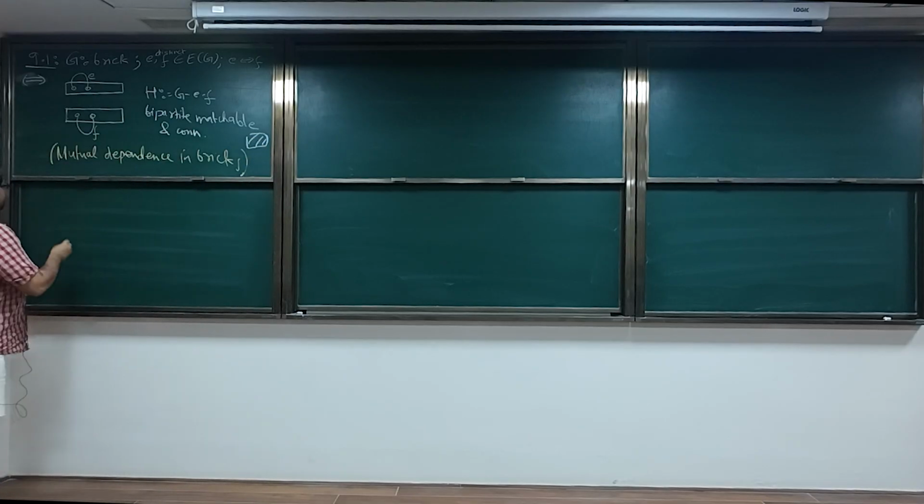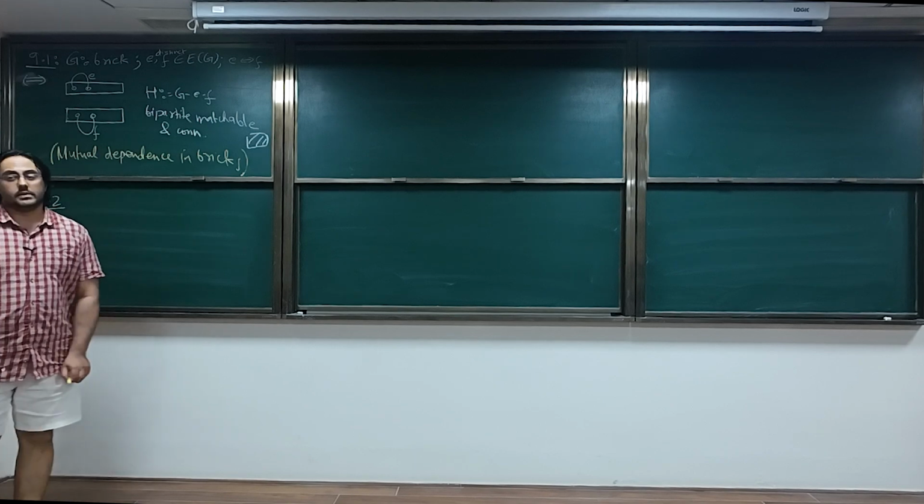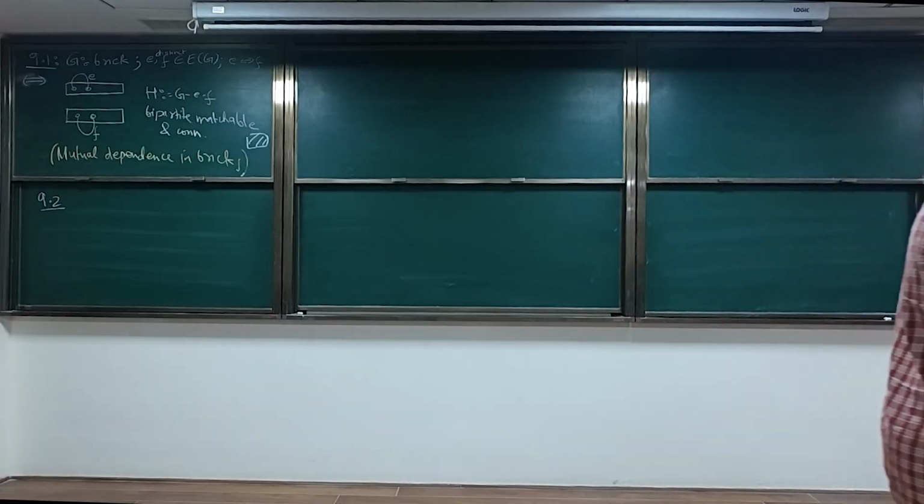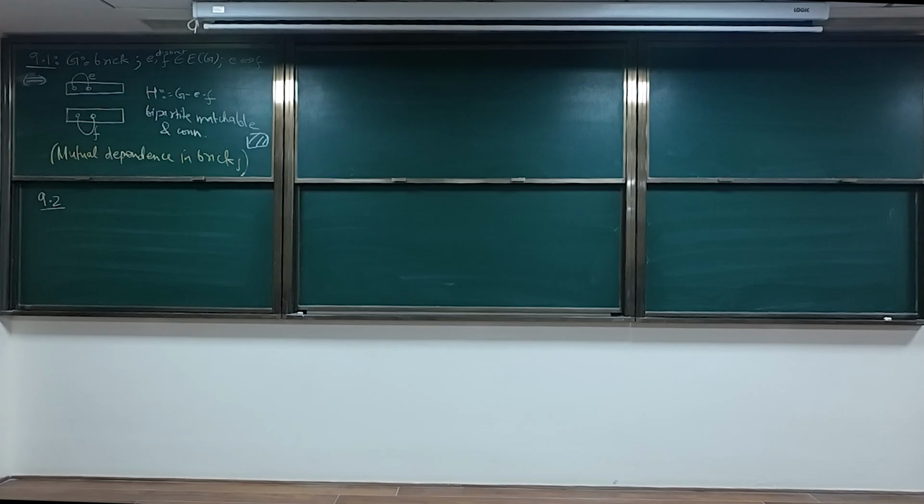A consequence of this that we discussed is that in a brick, you simply cannot have a dependence class or an equivalence class that is larger than 2. Because the moment you have 3 edges, you will get a 2-edge cut by considering the symmetric difference of 2 cuts, right?